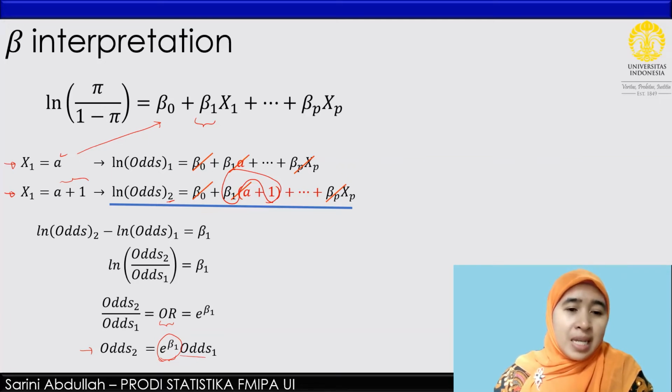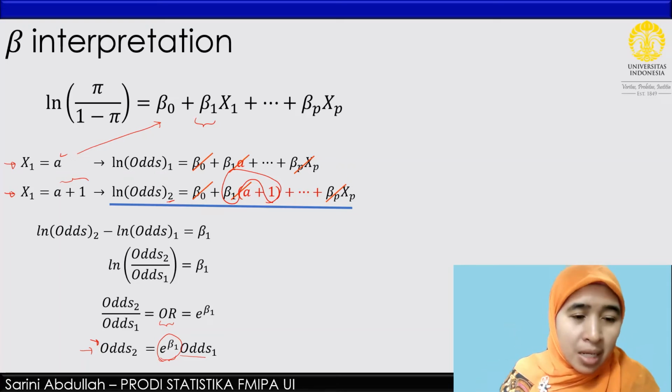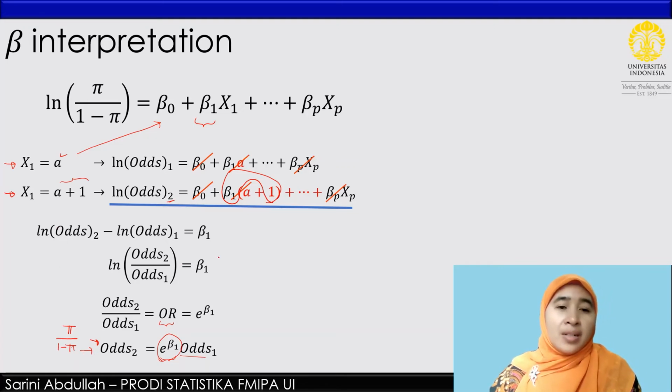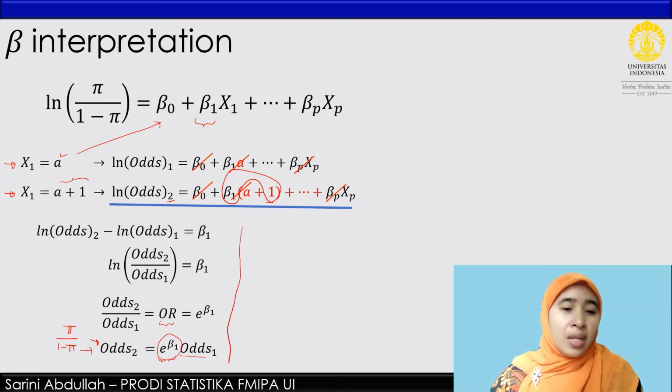This is much more interpretable, because if the odds is higher, the likelihood of being successful, or getting into a success category, is higher as well, since the odds is the ratio of the probability of success over the probability of not success. So the odds is multiplied by this much.